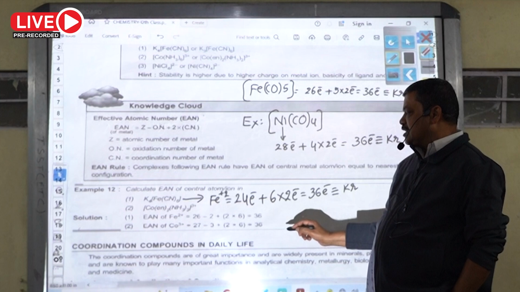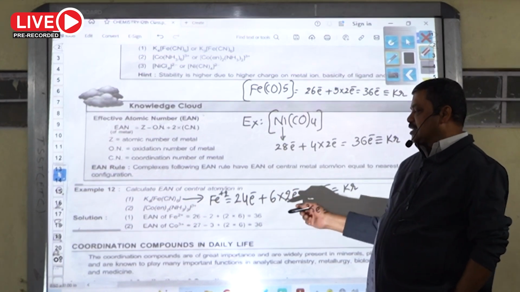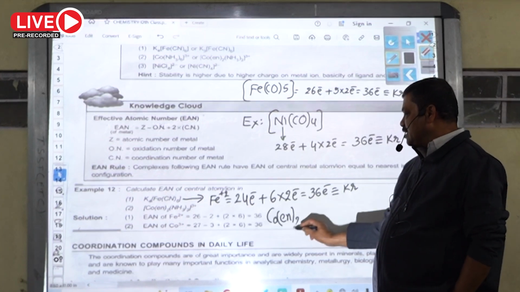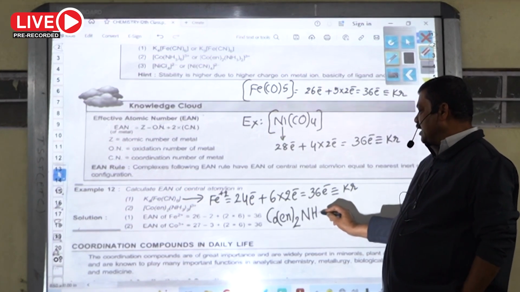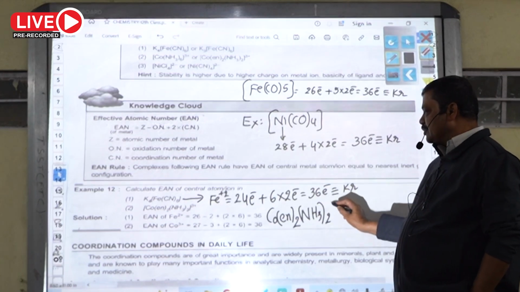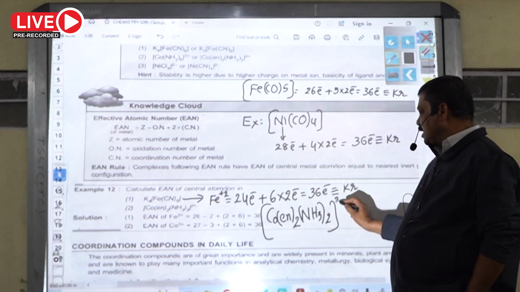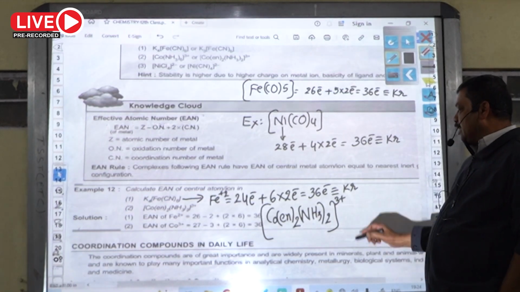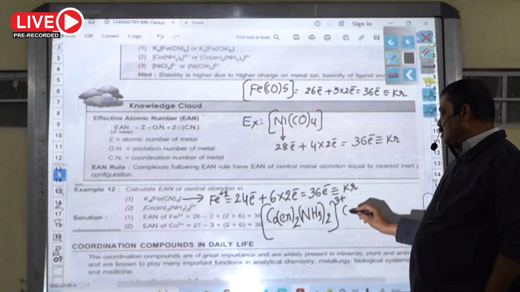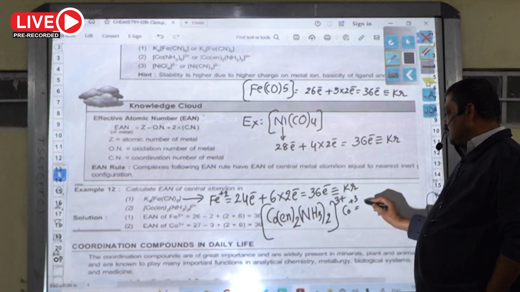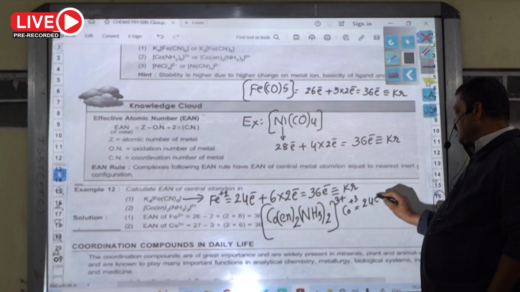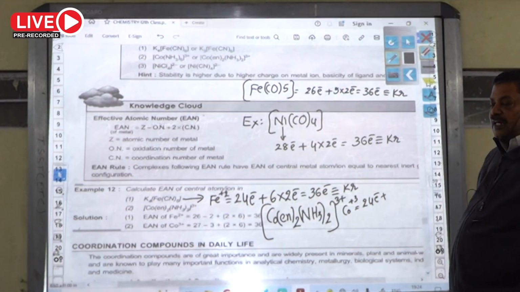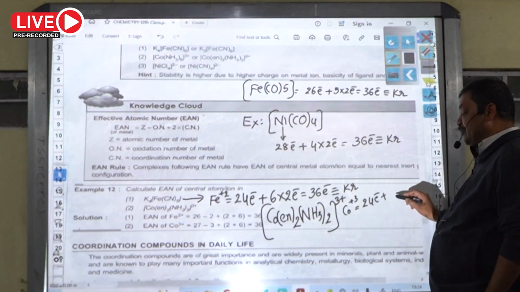Next, [Co(en)2(NH3)2]3+. So cobalt 27 in +3 state, minus 3 electrons, 24 electrons, plus 2 ethylene diamines.